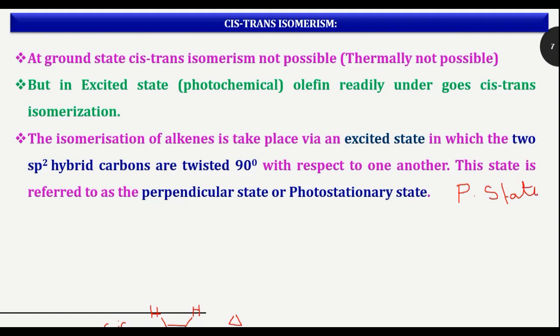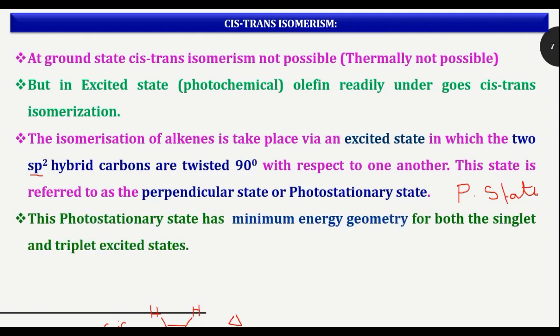What is photostationary state? During the isomerization of alkene, in the excited state the two carbons, which carbons? sp2 hybridized carbons, are twisted to 90 degrees, then that state is called perpendicular state. So what happens when two carbons are twisted? That perpendicular state energy is going to be minimized, so reduced.